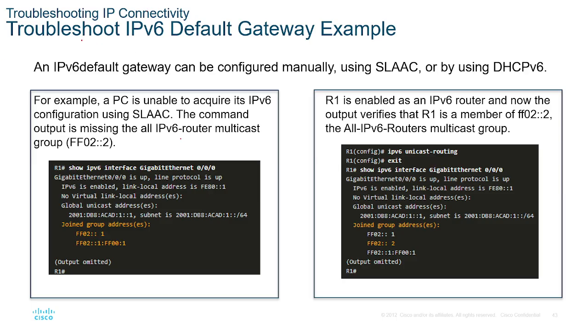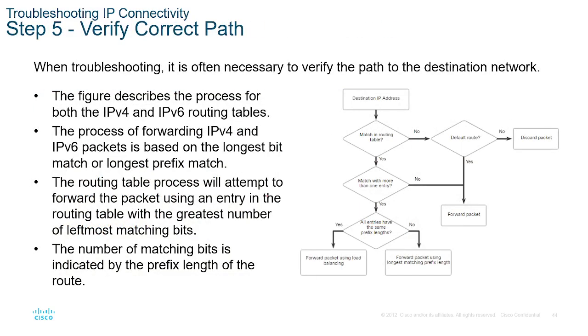The command output is missing the all-IPv6 routers multicast group FF02::2, as we can see from here. Because this one is missing in here, it cannot get the IPv6 address. That's why it cannot have the IPv6 address.